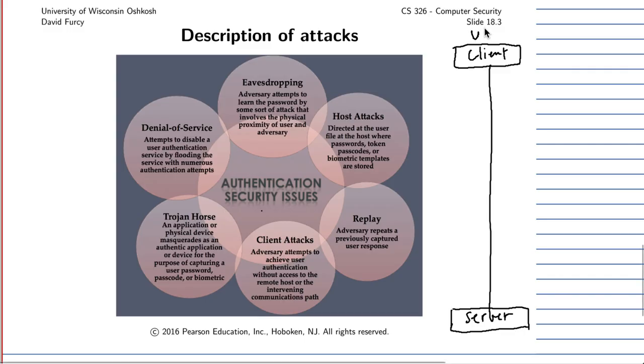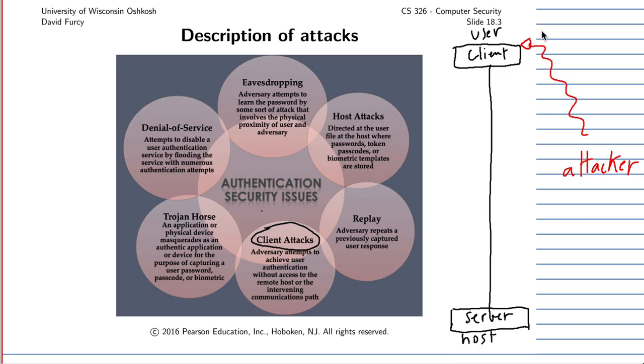So this is the end where the user is located, and this is the end where the authentication service, sometimes called the host, is located. So the main categories of attack are client attacks. So this is a scenario where we have an attacker that directly targets the client side.